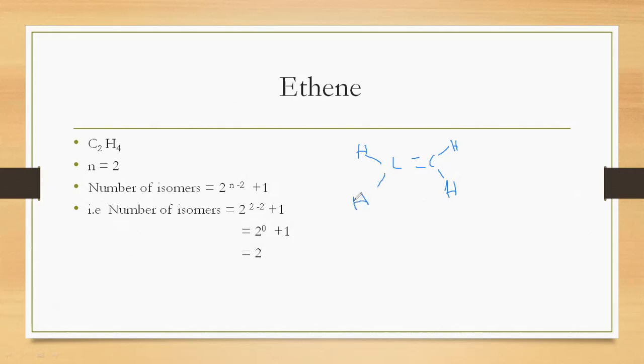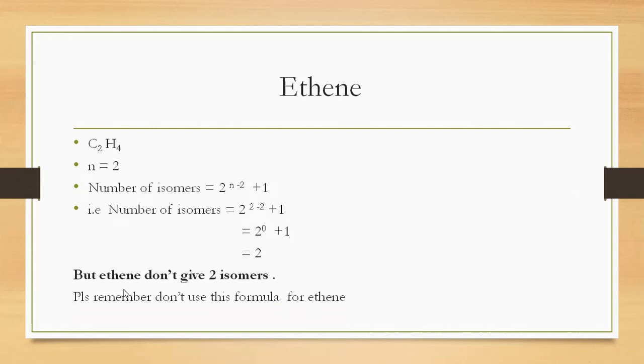Leaving that out, for all alkenes with an even number of carbons, you can use this formula. You cannot use the formula for ethene. It is an exceptional case, that's why I wrote it here. Ethene doesn't give 2 isomers. Please remember, don't use this formula for ethene. Note it properly.